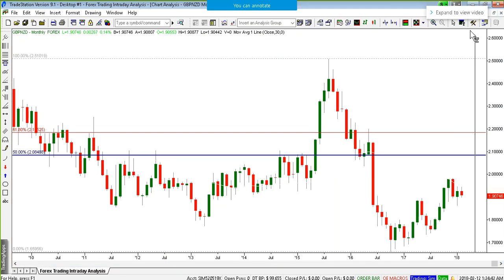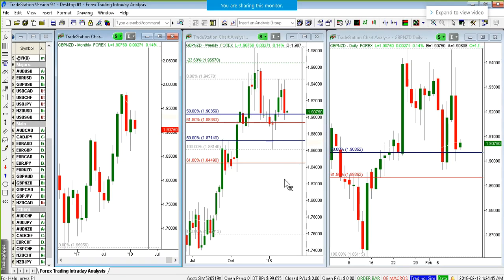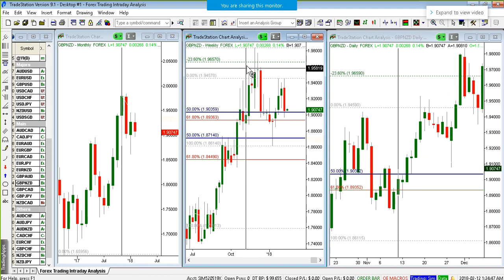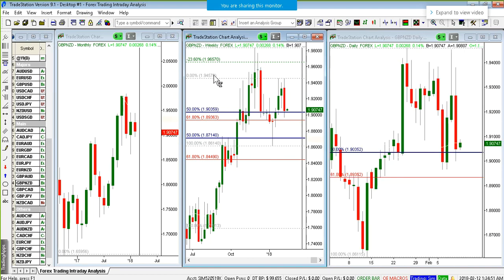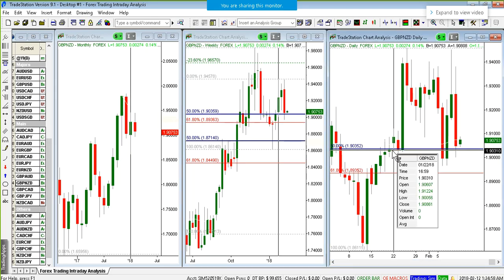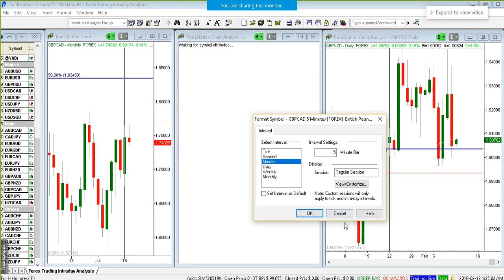Okay, so here what we see on the weekly and monthly. On the weekly, it's an extension long, very similar to the pound versus Australian dollar. And in a way, this market is anticipating what we could see on the pound versus Australian dollar in the coming days. Okay, a test of the 50% level, and so far holding. We'll see whether that is going to continue.